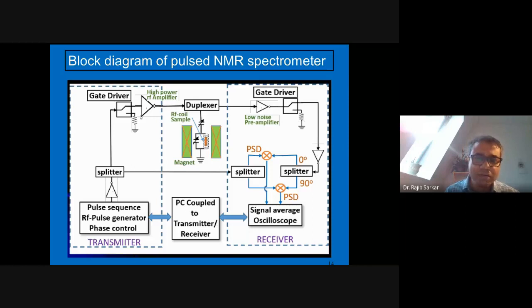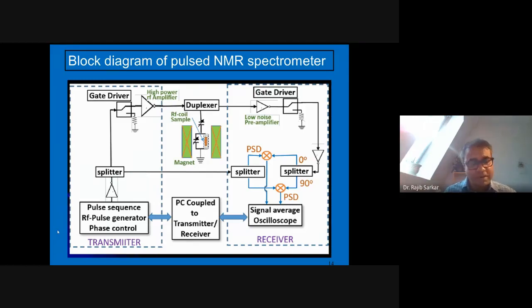But let me tell you briefly that there are three parts of the spectrometer in general. We call one the transmitter, and the other part is the receiver. Then you have a computer, from where you can see the transmission, the receiver, and control everything.